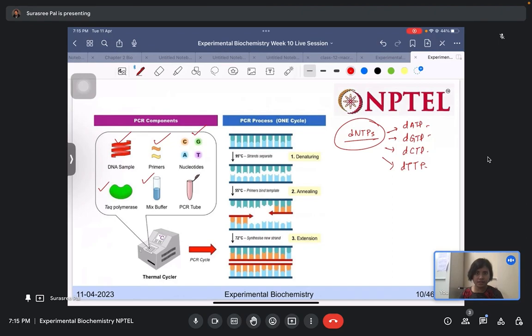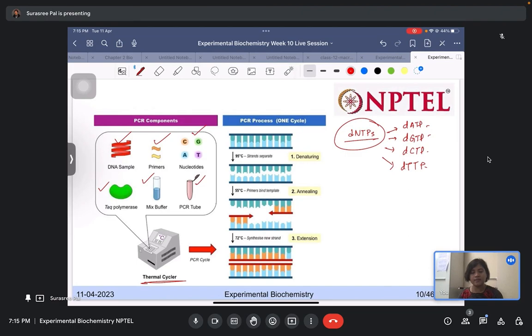In this buffer, several components are there. For example, magnesium ions. This is also present in the buffer, and this total reaction is carried out in this small tube, which is called a PCR tube. So in a PCR tube, we mix these components, and in the end, we add the PCR enzyme, which is the Taq polymerase, and then we put the PCR tube in such a thermal cycler machine, and we set the cycle.